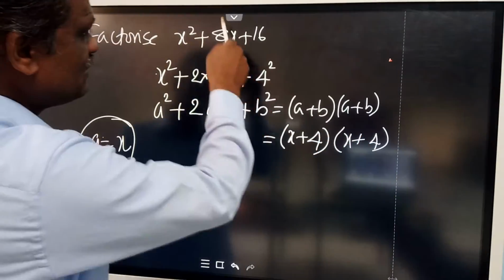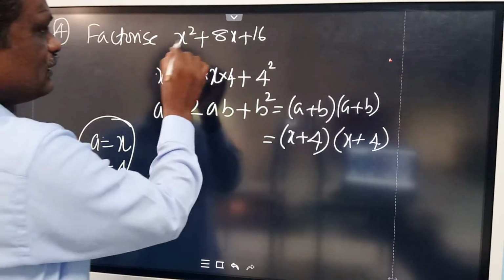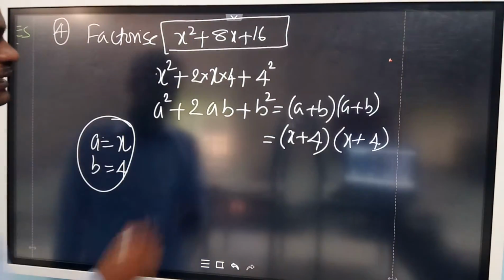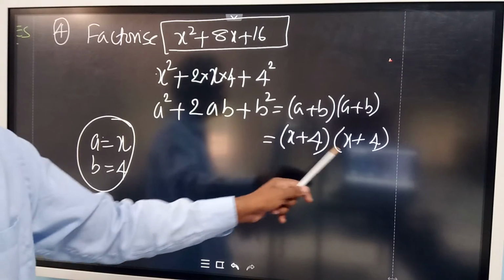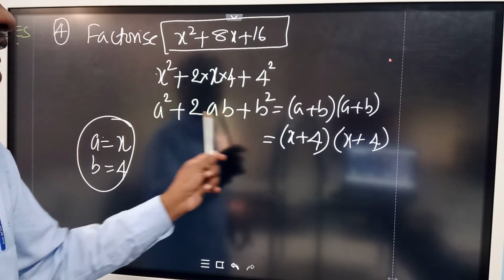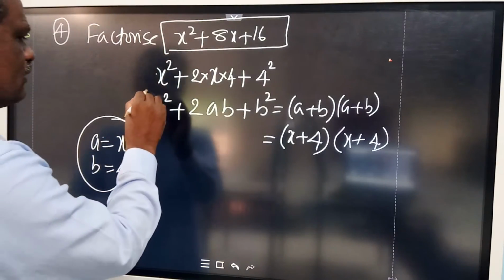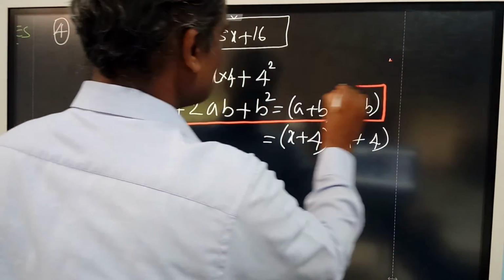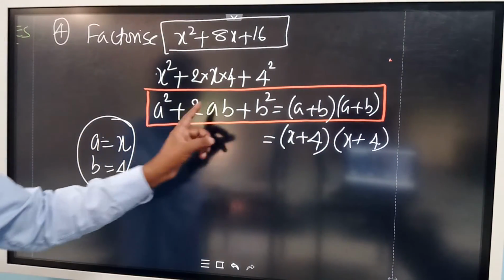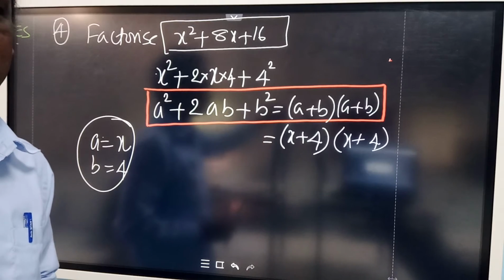So this is the factorization of the expression x square plus 8x plus 16. We have used the identity a square plus 2ab plus b square.